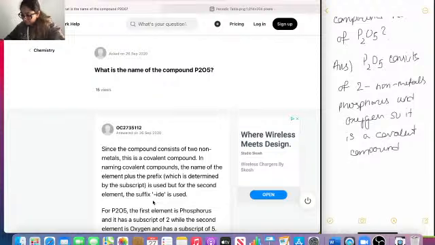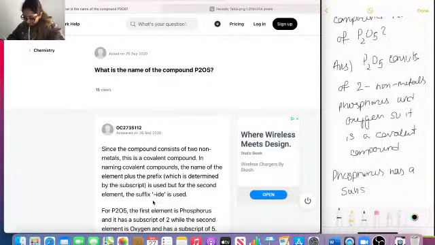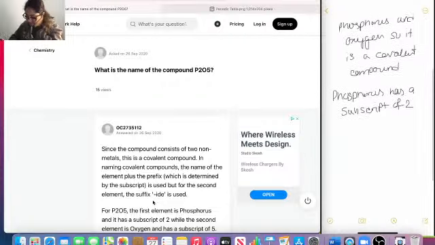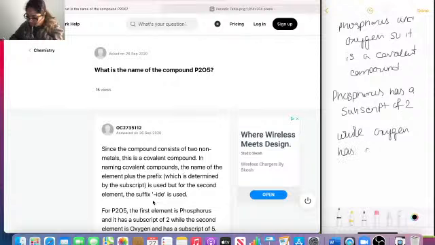As you can see, phosphorus has a subscript of 2, while the second element, oxygen, has a subscript of 5, okay?